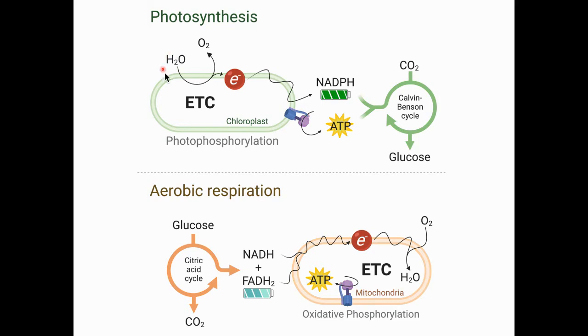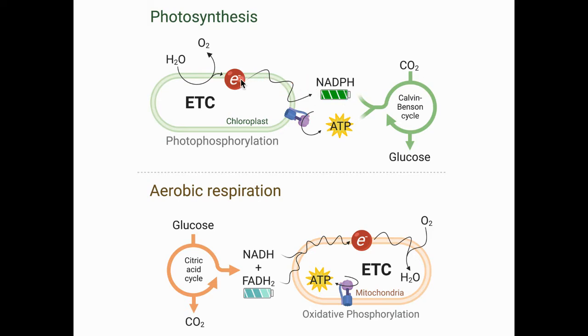You start with splitting water, and by splitting water, you get oxygen as the result. Apart from oxygen, you also get electrons, and those electrons can be transferred with different electron carriers, and by transferring electrons, the last electron acceptor is NADP plus, and you generate NADPH, which is the reducing power.